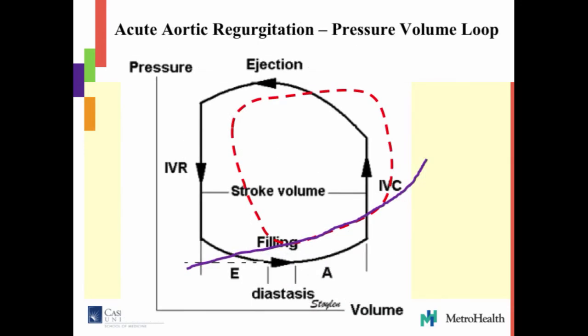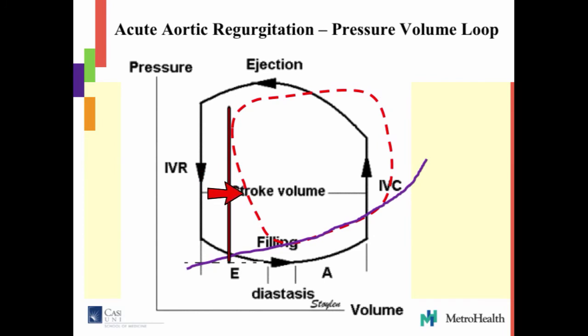Now, pressure volume loop, again, operating at a very high filling pressure. The stroke volume is down. The contractility here, even if we don't change the contractility, your pressure volume loop is shifted to the right. And notice the isovolumic relaxation, it's not isovolumic here.